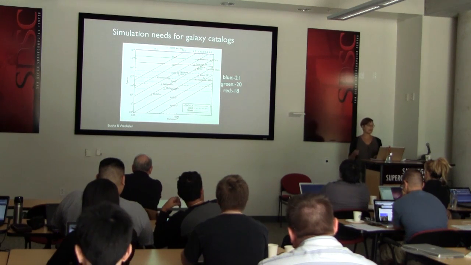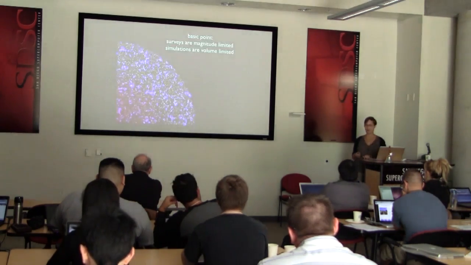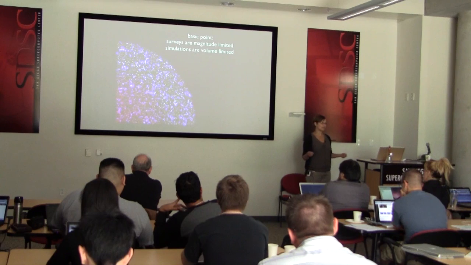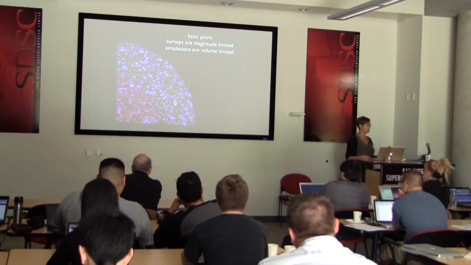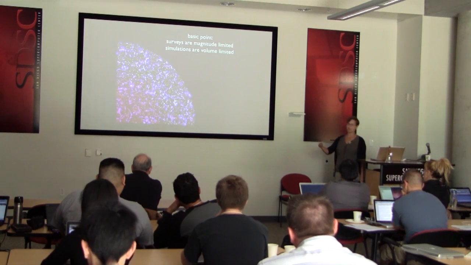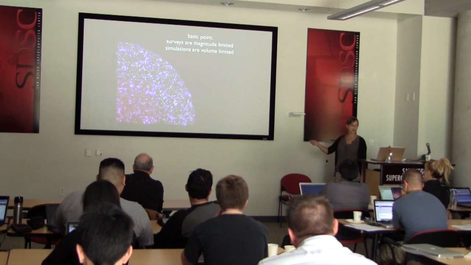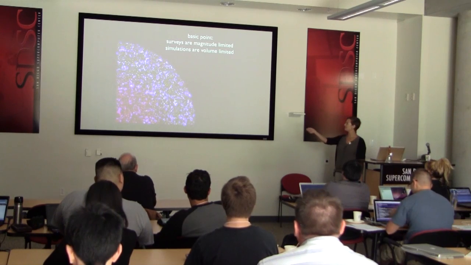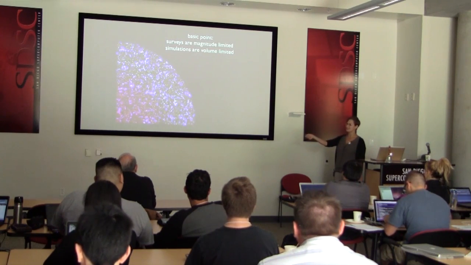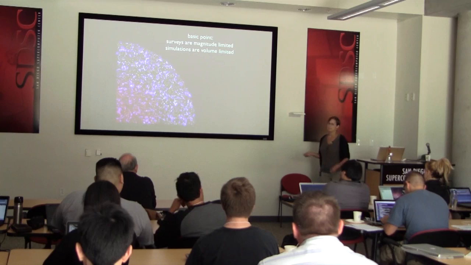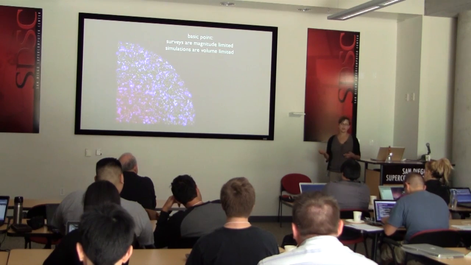And there's a really basic point that's obvious, but it matters for this, so I just want to state it. Simulations are volume limited, and surveys are magnitude limited, right? When you do a survey like Sloan or DES or LSST or any of these surveys, you have many more bright galaxies in the nearby universe, many more faint galaxies in the nearby universe here. So what that means is you either have to have methods that work over a range of resolutions, or you have to have a multi-resolution simulation.